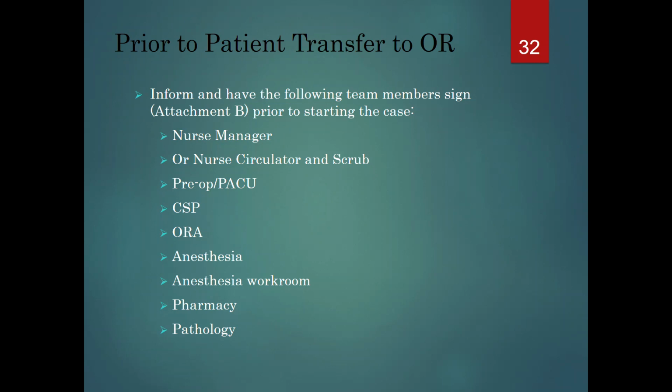Additionally, you will inform and have the following team members sign Attachment B prior to starting the case. This ensures that interdisciplinary communication has occurred and all involved parties are aware.